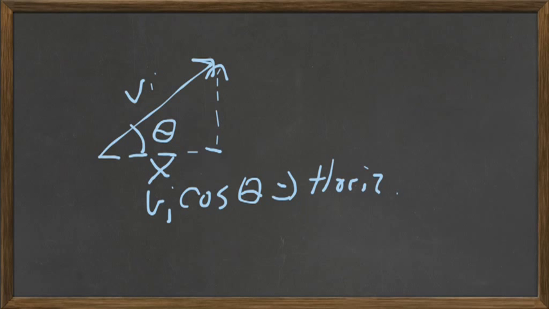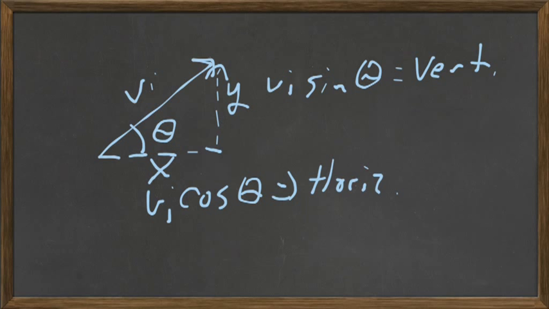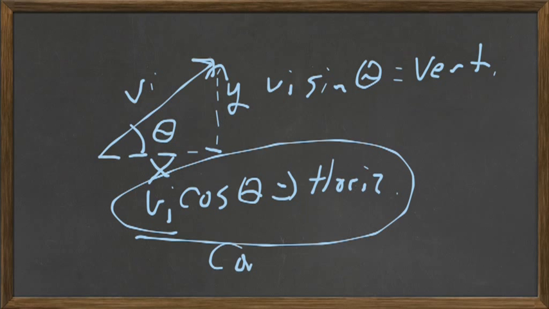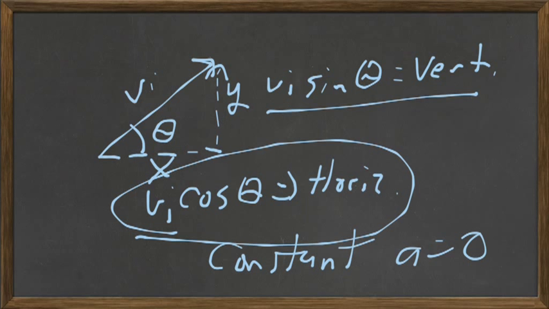The vertical velocity, or vi sine theta, is going to be used anytime I'm working with the vertical aspect of the velocity. Now, with both horizontal and projectiles launched at an angle, this value is constant. Acceleration is 0. This is accelerated, and we know the acceleration. It's acceleration due to gravity, meters per second squared.